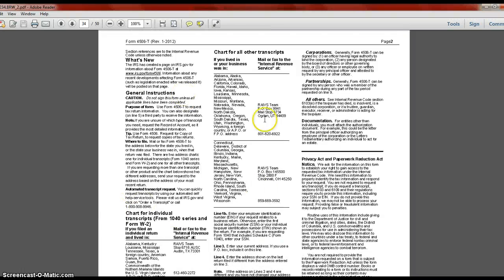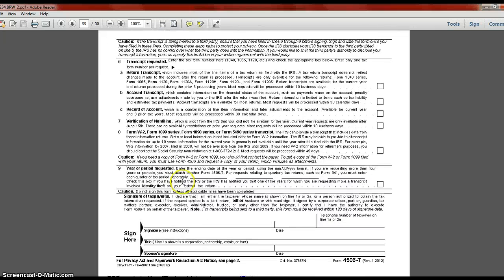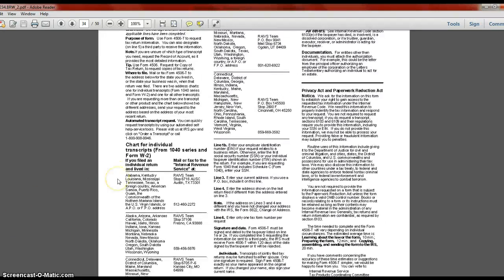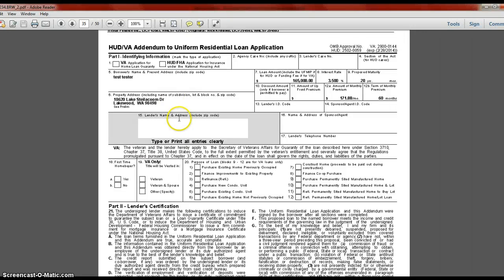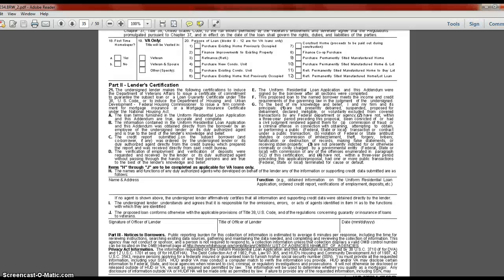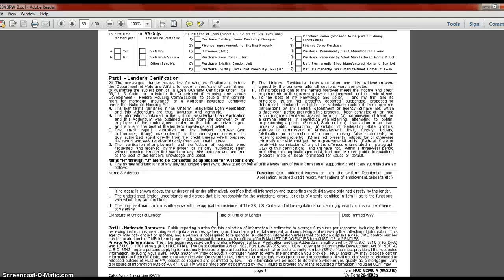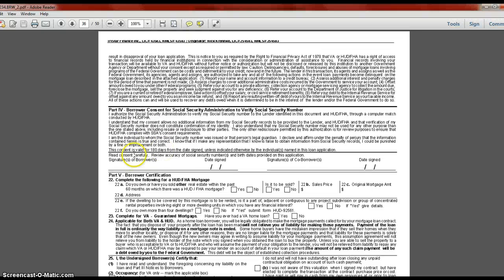And this kind of explains it too. So you sign here and then your spouse signs here. And then here's just a HUD addendum. On this page you don't sign anything, this page is just a continuation.